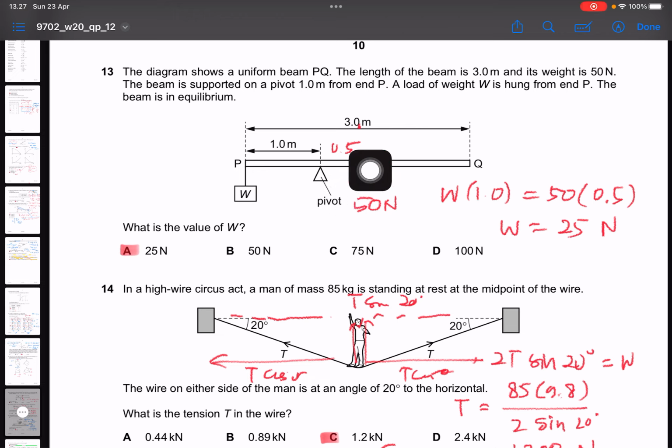The length of PQ is 3.0, so half of 3.0 is 1.5. So from the pivot to the 50 Newton is 0.5. We use total torque equals 0. So W times 1 equals 50 times 0.5. So W is 25 Newton. Yeah, the answer is A.